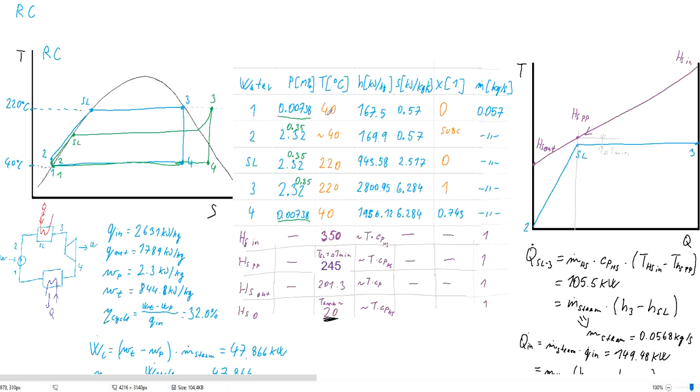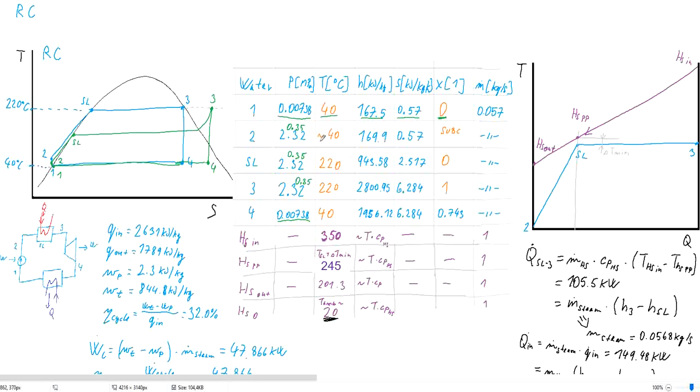Now the temperature at the point 1 stays the same, because also the condition for the saturated liquid will stay the same. So will the enthalpy and so will the entropy.